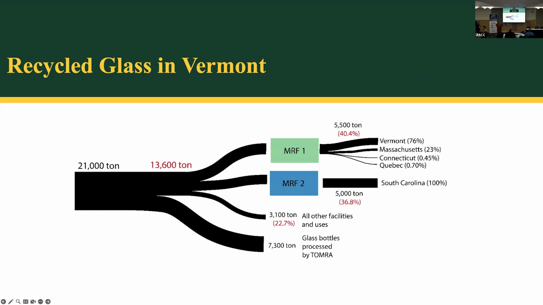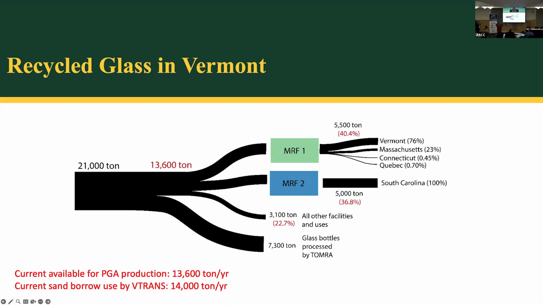Two big recycling facilities handle about 75% of it, and the rest goes to other facilities, and about 7,300 tons go to the 5 cents per glass items that people turn in. Only MRF1, the recycling facility number 1, processes glass and turns it into crushed glass. They have the equipment for doing it.